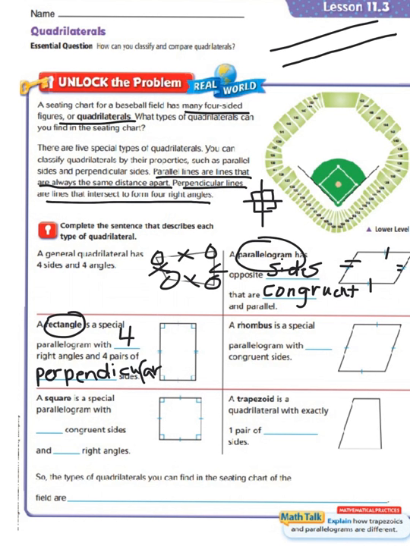So we have this one and this one are congruent. This one and this one are congruent. This one and this one are also parallel, and this one and this one are also parallel. But if we look, we will also see that it forms perpendicular sides.